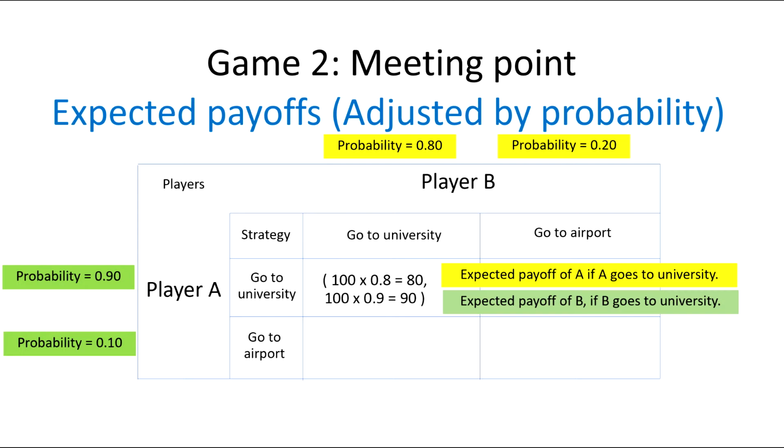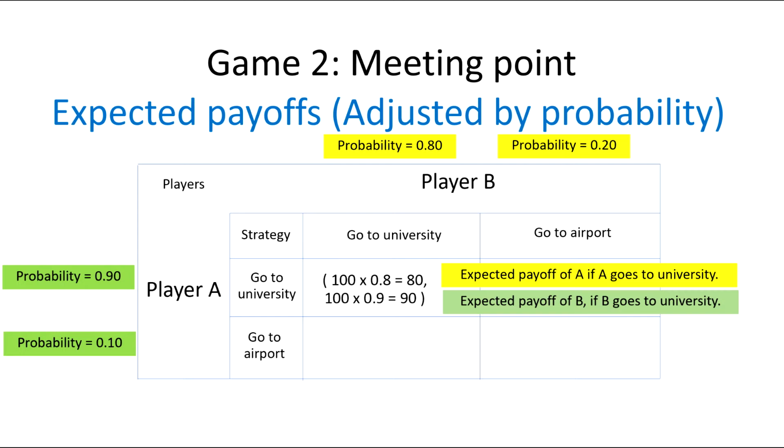Look, for the payoffs of player A, you must use the probability of player B to calculate, because it does not depend on A but on B to make that payoff happen. A will go to university, okay, fine, but B will go to university with just the probability of 0.8.